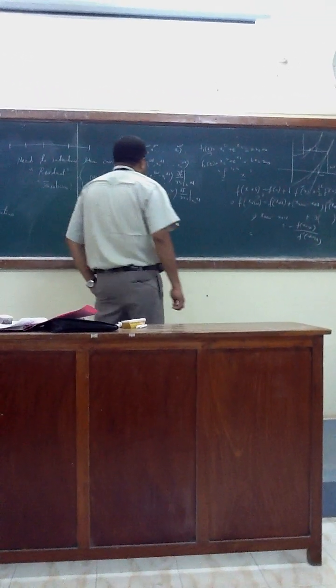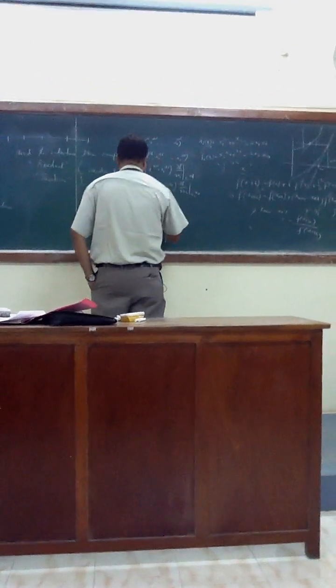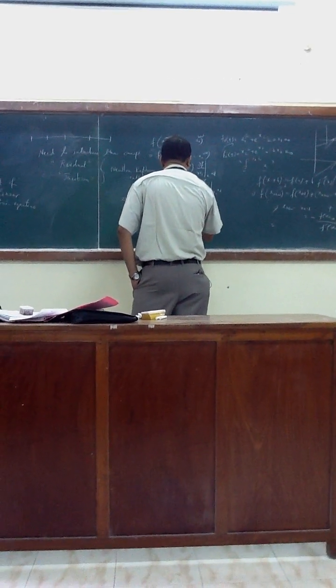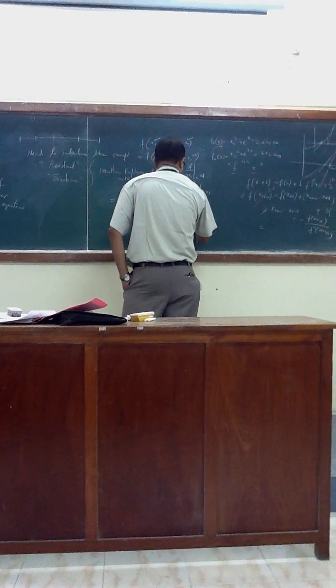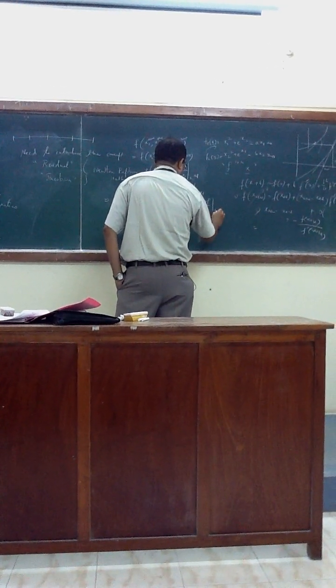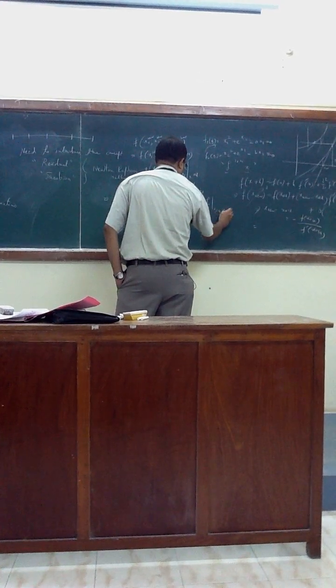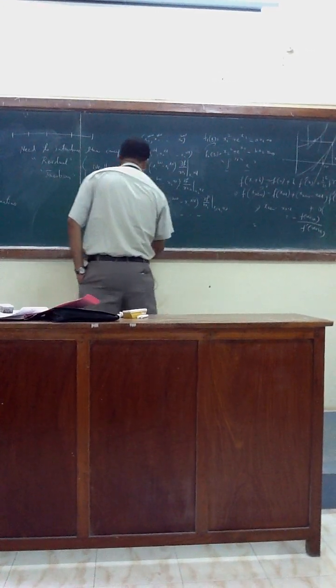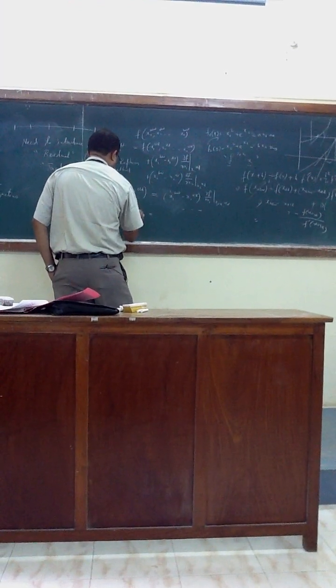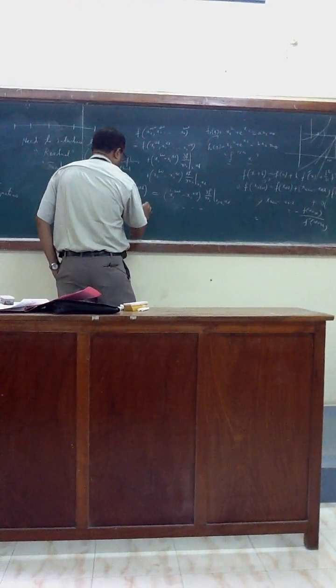Okay. And then what you get? You will get x1 new minus x1 old, dou f dou x1 at x1 equals x1 old, and so on. So what you get finally? Minus f of x bar old.